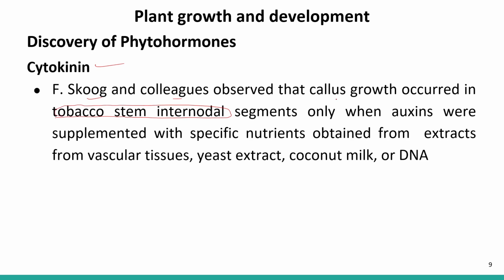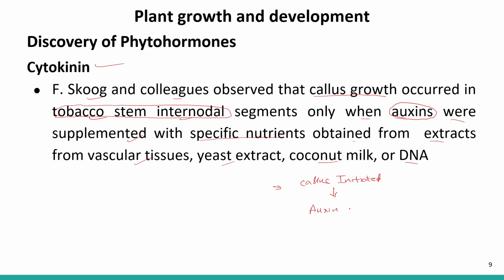They observed that callus growth occurred in the tobacco internodal segments only when auxins were supplemented with specific nutrients obtained from extracts of vascular tissues, yeast extract, coconut milk, or DNA.